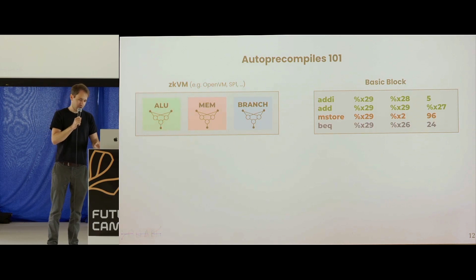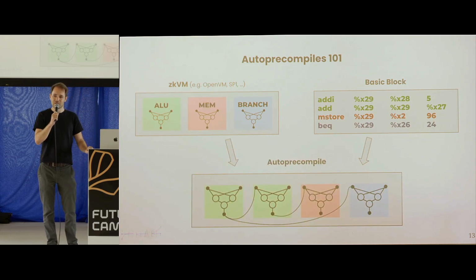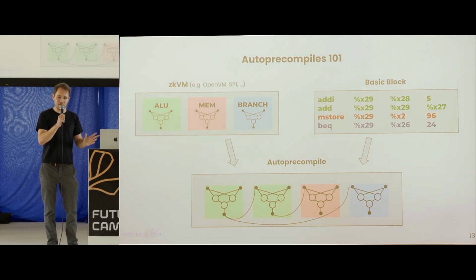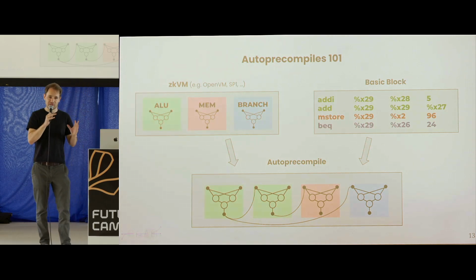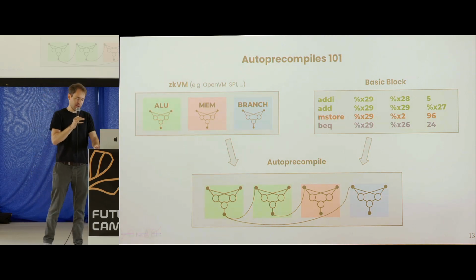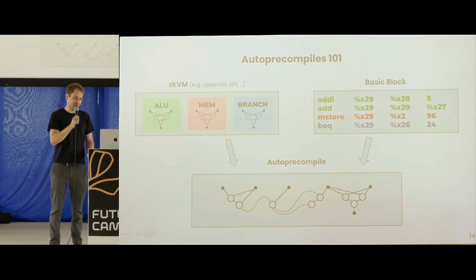branching instruction. And what we want is a zk circuit that proves the execution of this basic block in one go. So we start out by just copy-pasting together whatever circuits would have been used by the zkVM if it didn't have a precompile. And then we have one monolithic circuit to prove the whole block. And then we run a circuit optimizer to make it smaller. And this is where the magic happens and where we see the gains.